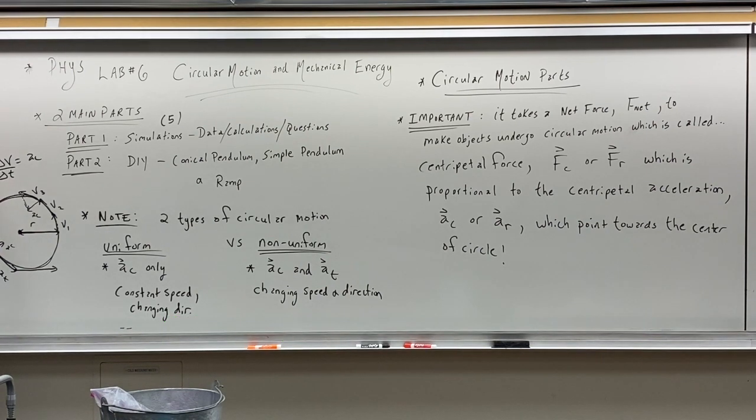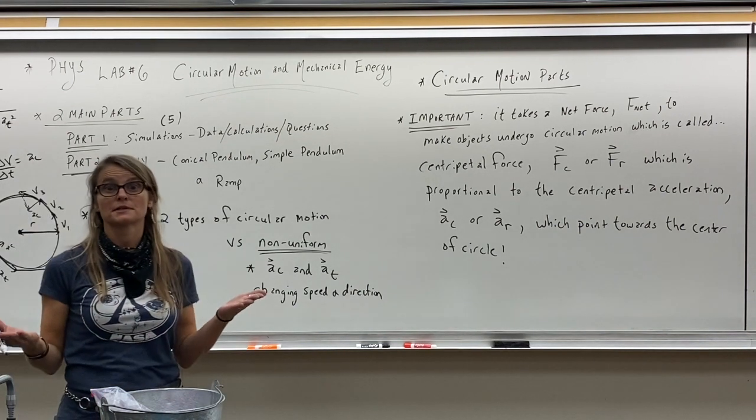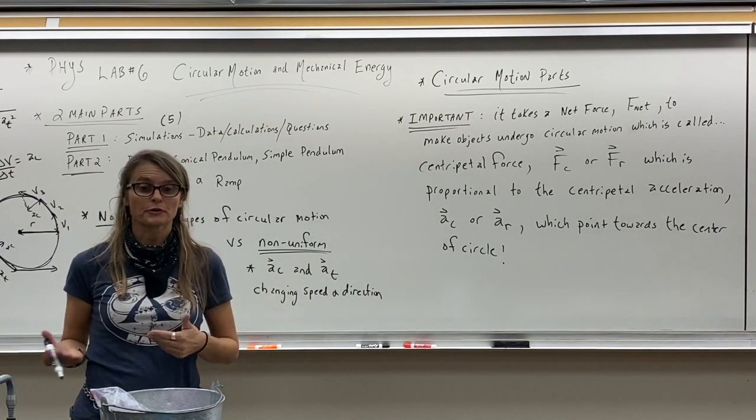Your tangential and your centripetal acceleration are related via your total acceleration, which will be the square root of ac squared plus at squared. And I have that in my little summary of formula. There's a lot of circular motion relations that you want to go back and forth with.